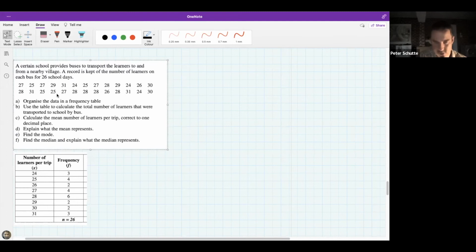What you could have to do, although I don't see it often because it takes too long for students in exams, though they can do it in tests, is a tally column where you go through the data and mark off which ones are in which areas. But I'm giving you, to start with, the frequency column and the data.